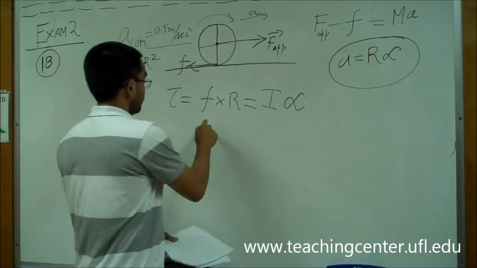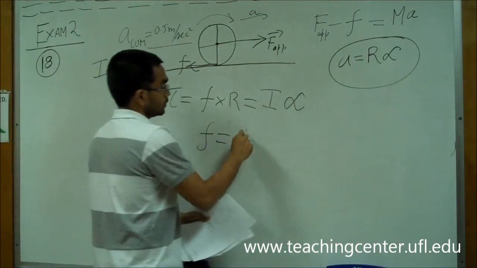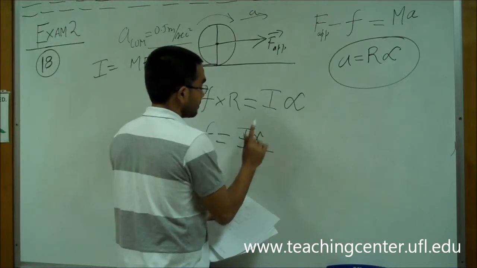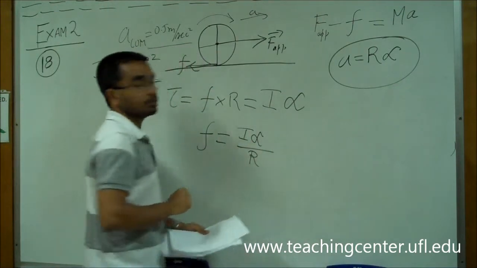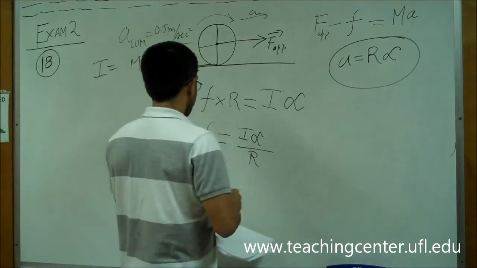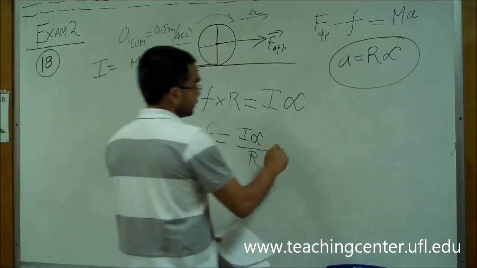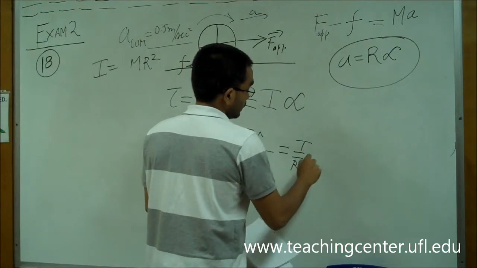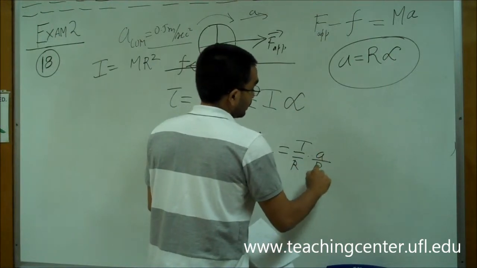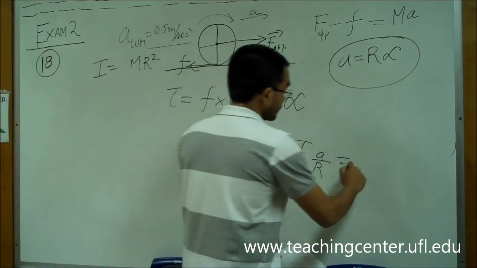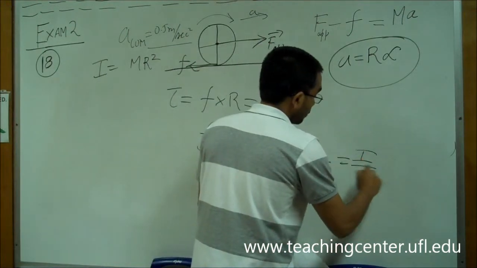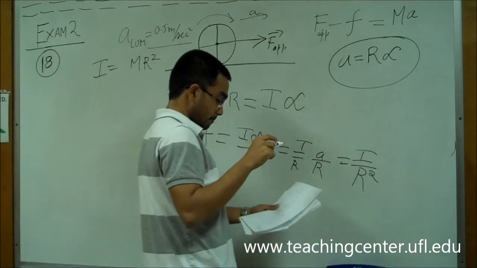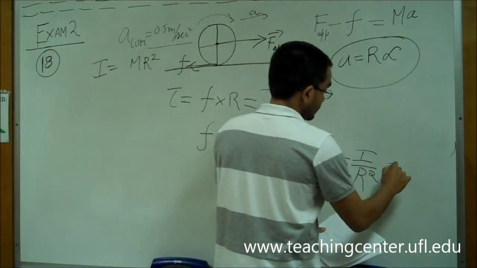Now, from this we get friction is equal to I alpha divided by R. What is alpha? It's nothing but a divided by R. So then friction comes out to be I divided by R squared times a.